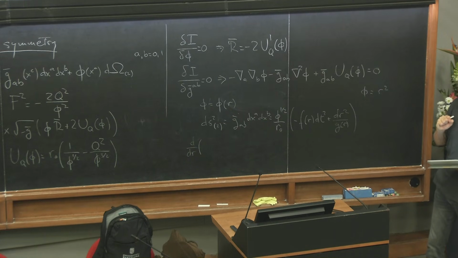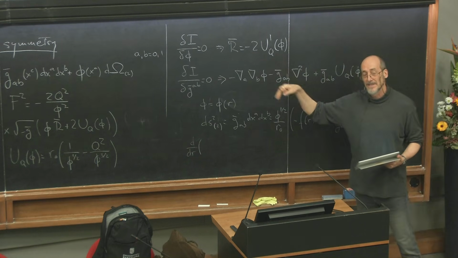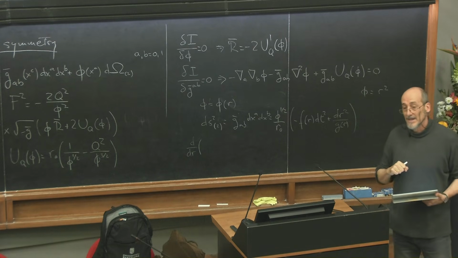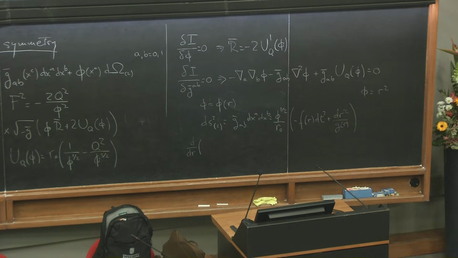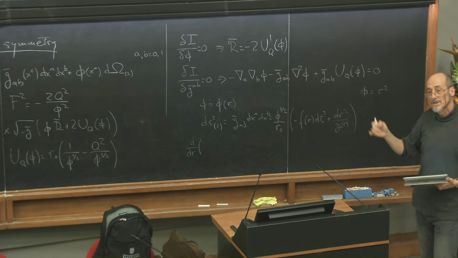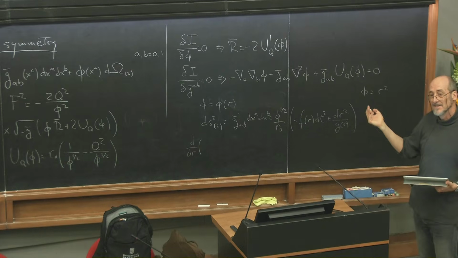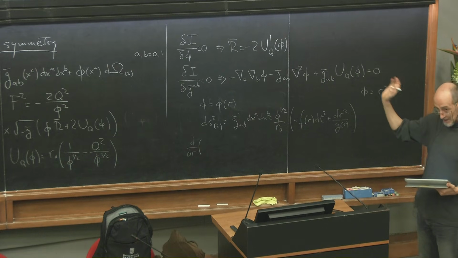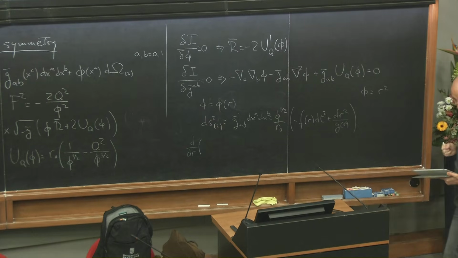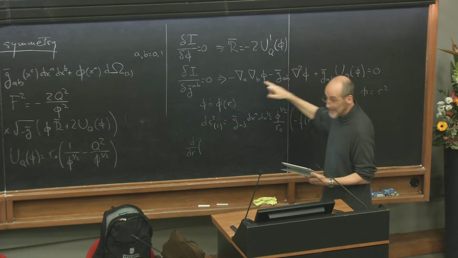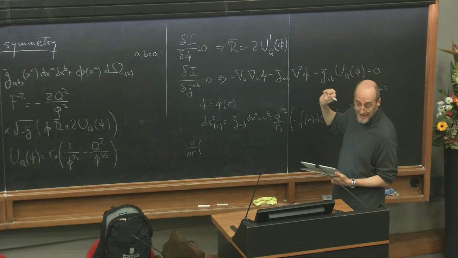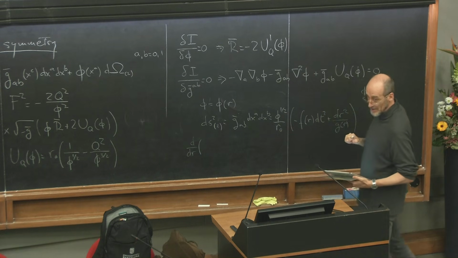I decided to go for static configurations. I assume that there's a time-like Killing direction. I call that t, and then everything will depend only on the radial direction, and that's by design. I could prove that there has to be a time-like Killing vector, but it will take me a little longer, so I'm not doing that.